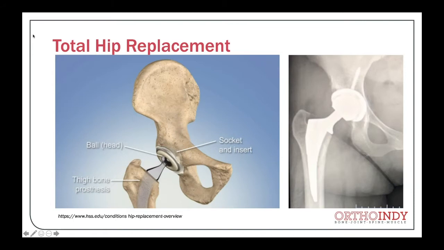As you can see on the right here, this is an example of a hip replacement prosthesis. Screws are sometimes used to hold the socket in place. And then lastly, the final piece is a specialized plastic that's inserted between the new ball and that new metal socket, which allows for a smooth gliding surface.